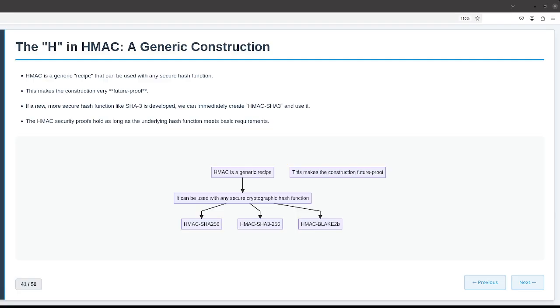The security proof for HMAC holds as long as the chosen hash function meets some basic cryptographic requirements. This makes the HMAC construction very future-proof. If a new, better hash function is invented tomorrow, we can immediately start using it within the existing, proven HMAC framework to create a new, even stronger MAC algorithm.